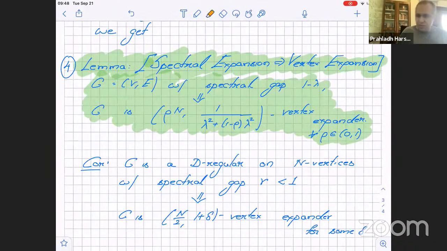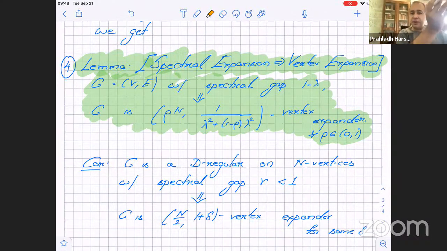Ishan asked this question, which I just expanded on. Notice that for vertex expansion, given a particular set, all sets of size up to k expand by a factor a. But once you have spectral expansion, you get that every set of every size expands. Of course, the amount it expands by depends on the size of the set.